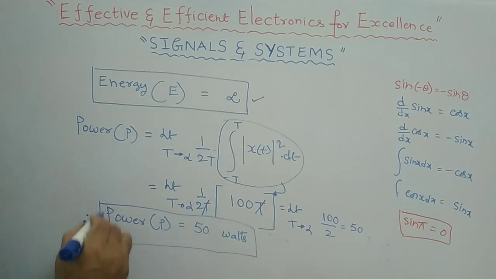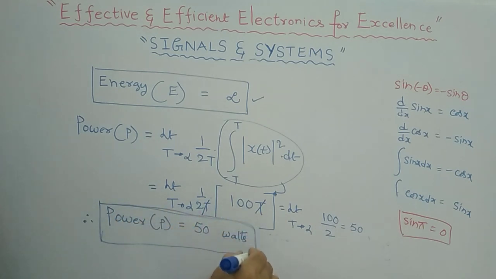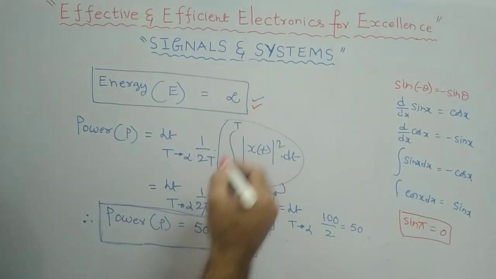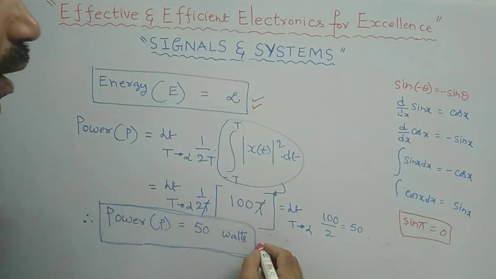Now you can conclude one statement about this particular signal. If you see the problem and solution, what is the energy? Energy is infinite. Power is some finite value.